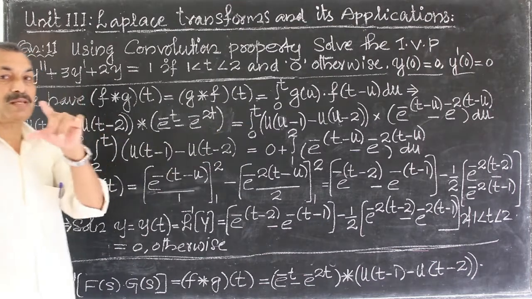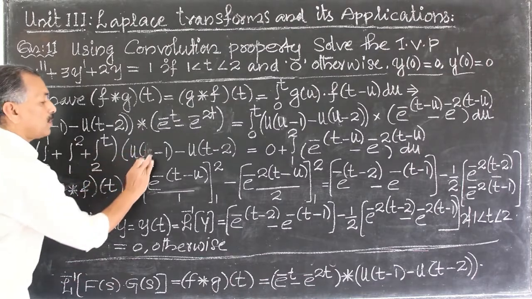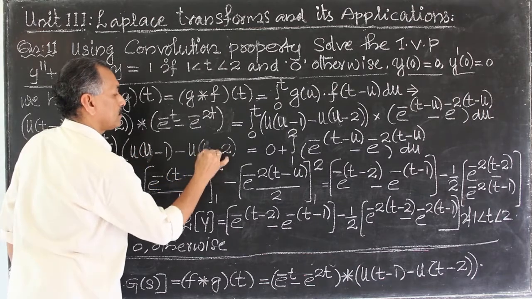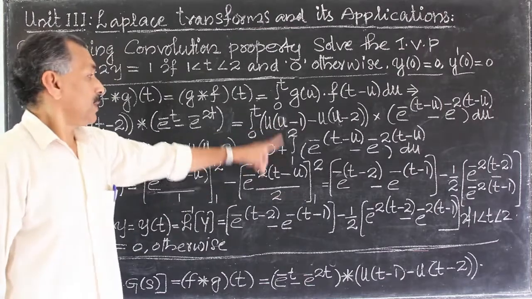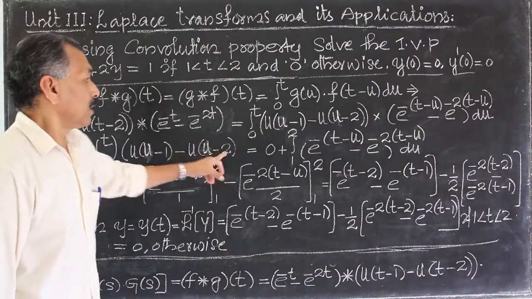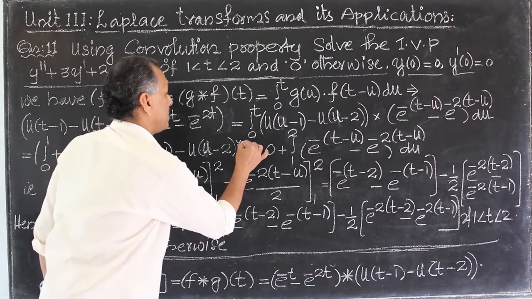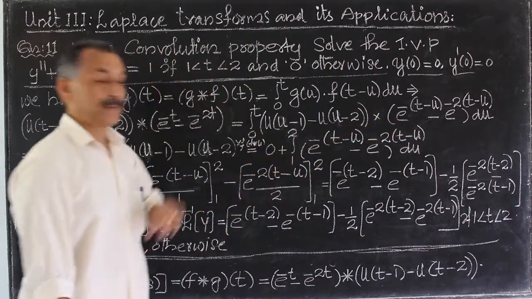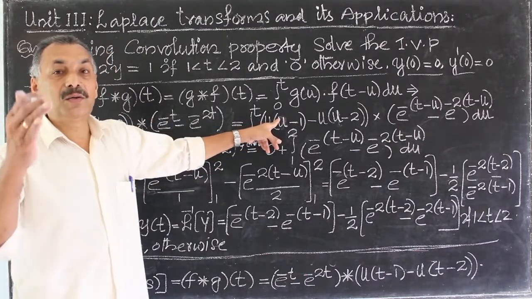This integral 0 to t can be subdivided into integral 0 to 1 plus integral 1 to 2 plus integral 2 to t, with u of u minus 1 minus u of u minus 2, into the remaining terms e raised to minus (t minus u) and so on. Then look, what is the interval 0 to 1? In this interval 0 to 1, u is less than 1.